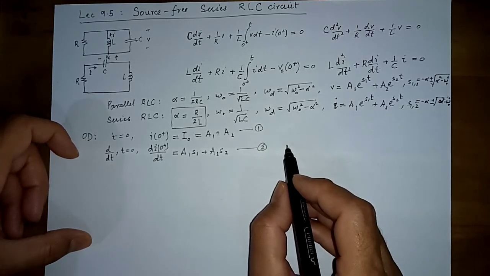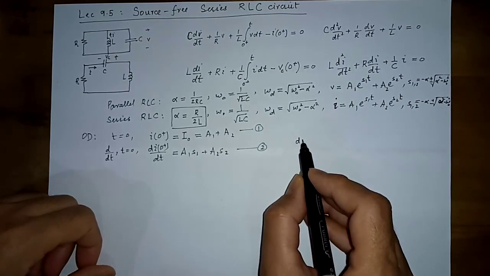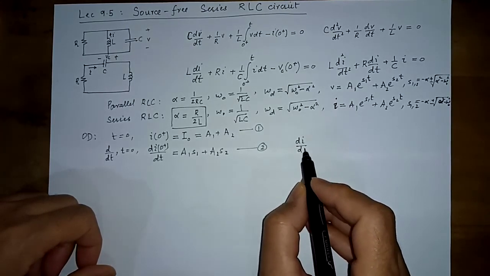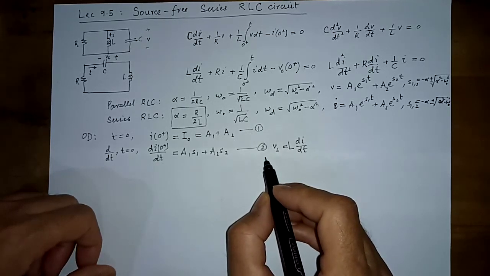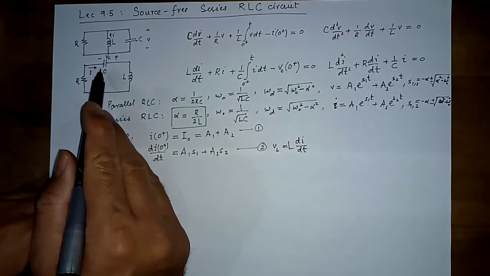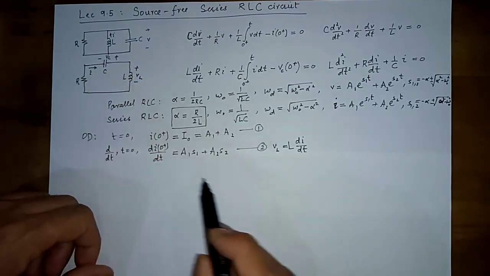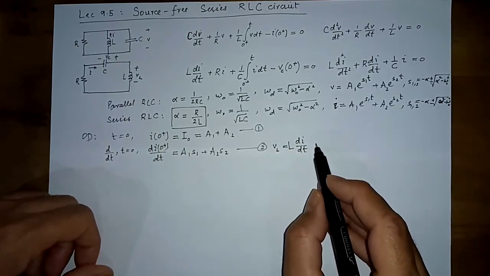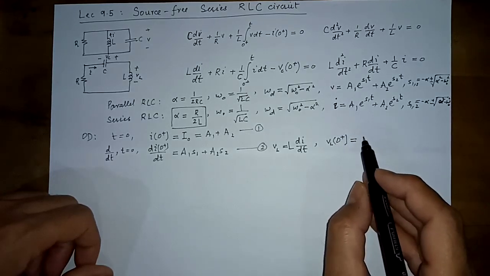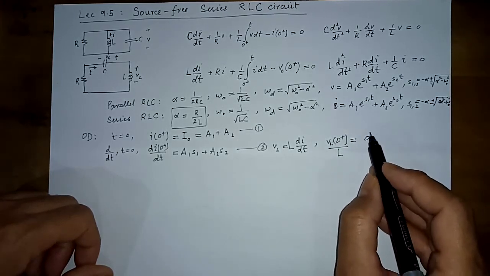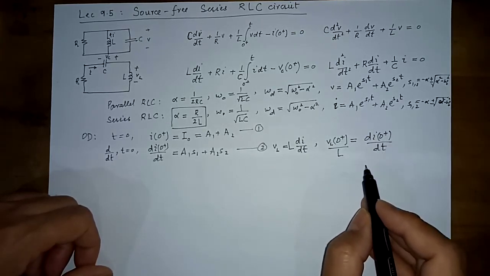Do you know of any equation that involves di by dt? Yes, I know an equation which involves di by dt, and that is the voltage across an inductor. So if this is the voltage across the inductor in this direction, then finding the initial value of the voltage of the inductor is going to give us the value of the derivative of the current at t equal to 0.